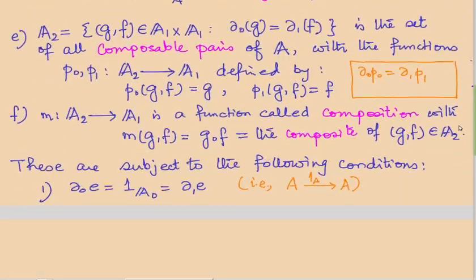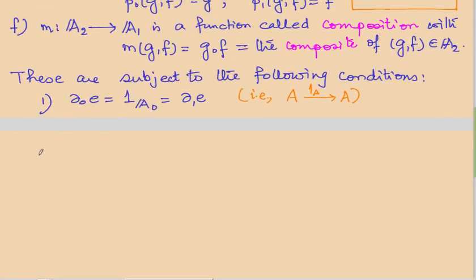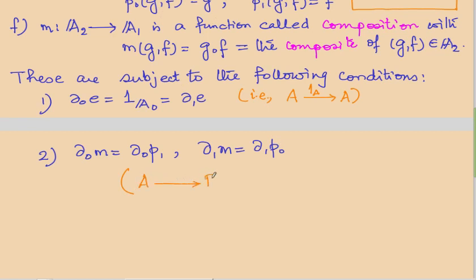And then I want to say, so, in other words, if I take a composable pair, so this is the composite.